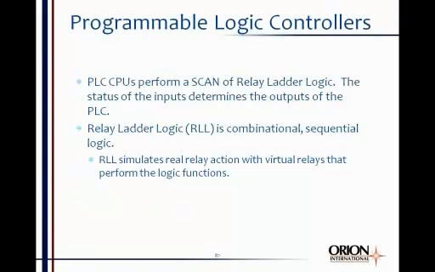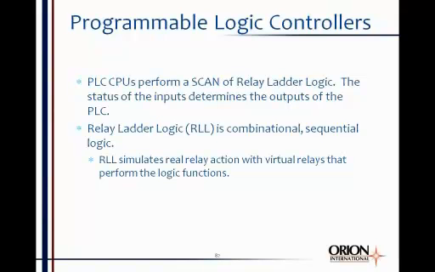How do they operate? Well, what the PLC's CPU does is perform what's called a scan of the relay ladder logic. The status of the inputs determines the outputs for a PLC. That's the same with real relay logic: the status of the input of the relay determines the output. Relay ladder logic, sometimes called RLL, is combinational.